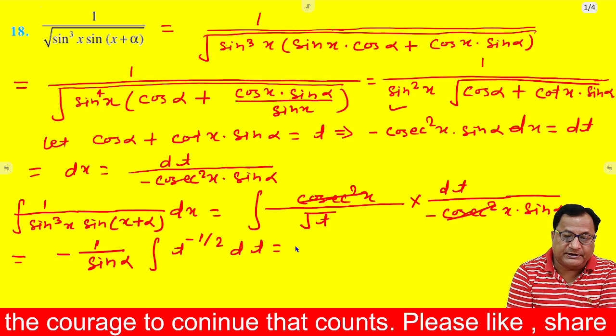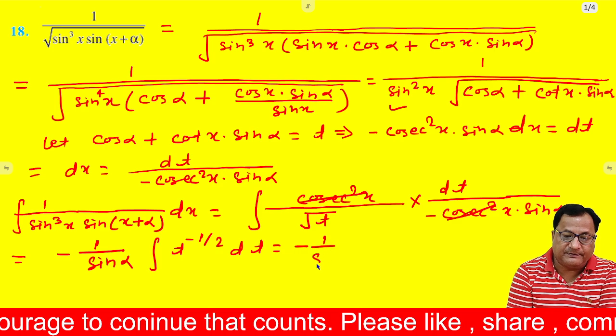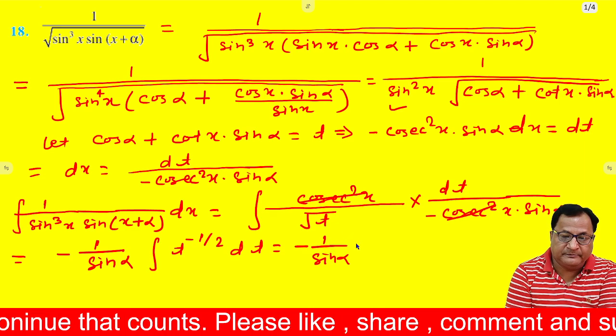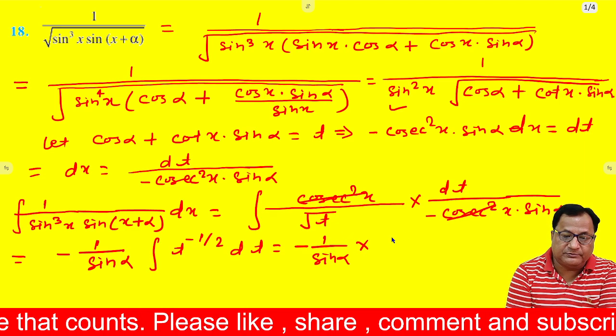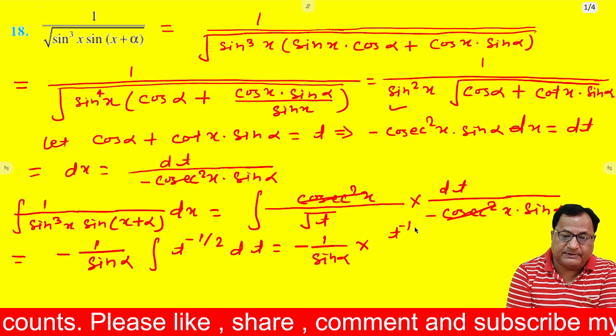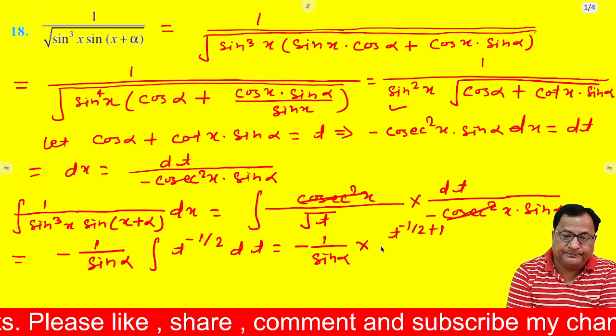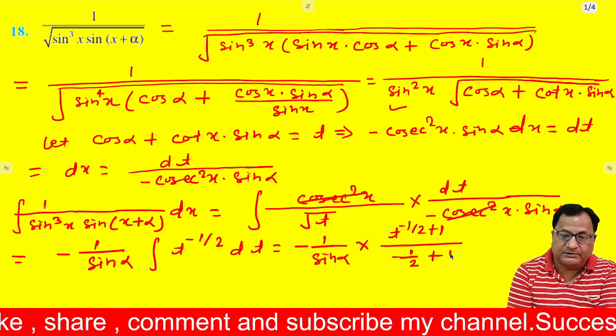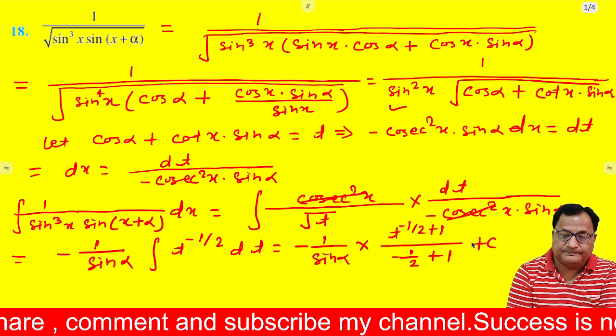So if you integrate this, minus 1 by sine alpha into t to the power minus 1 by 2 plus 1 divided by minus 1 by 2 plus 1 plus c.